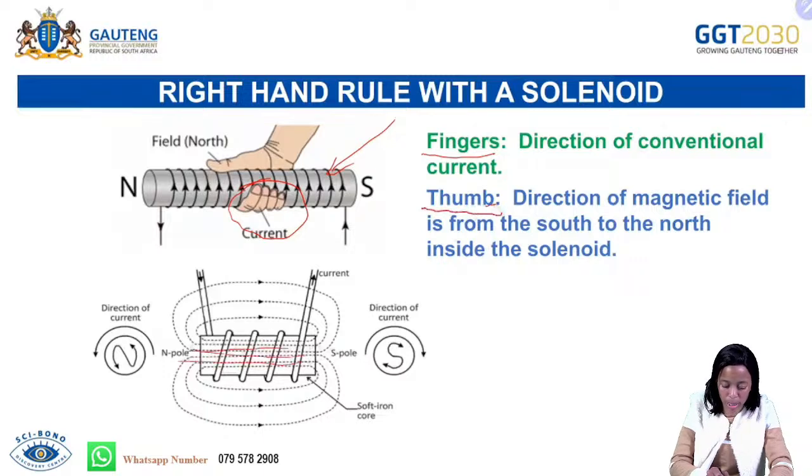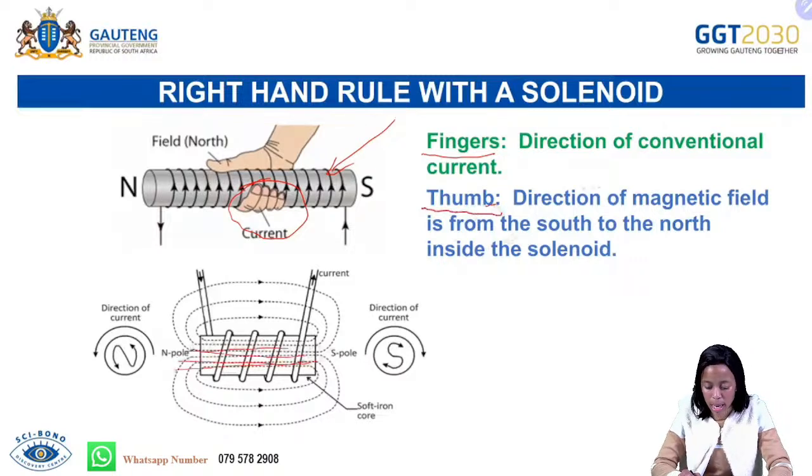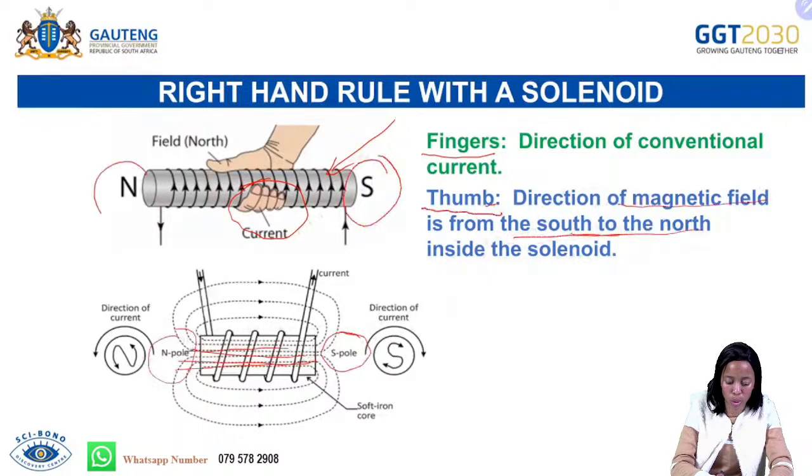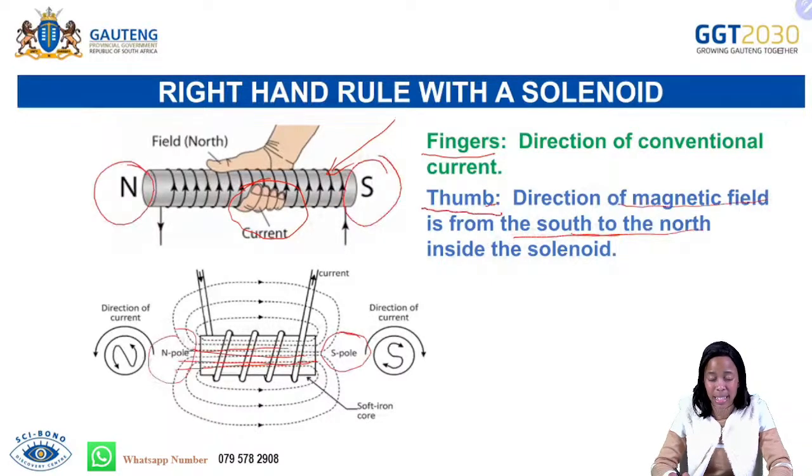The thumb is going to represent the direction of the magnetic field. And the magnetic field moves from the South Pole to the North Pole inside of the coil.